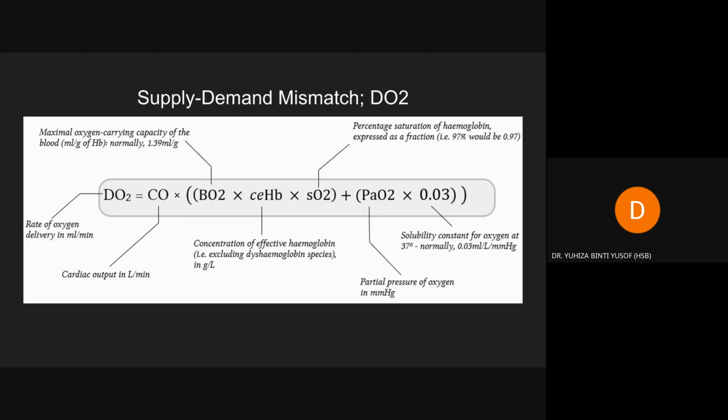Okay. Another take-home point is that if you look at this equation, the contribution of dissolved arterial oxygen is incredibly low. So most of your oxygen carrying capacity is in your saturated hemoglobin.